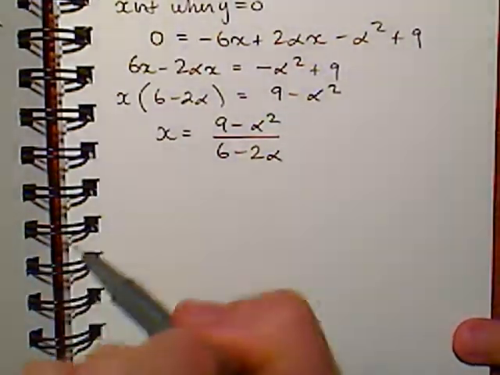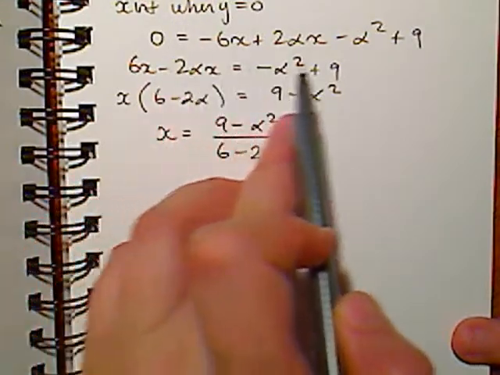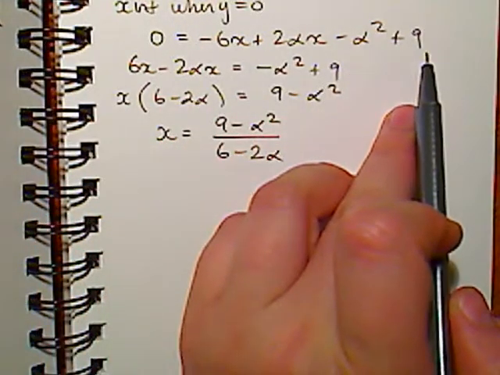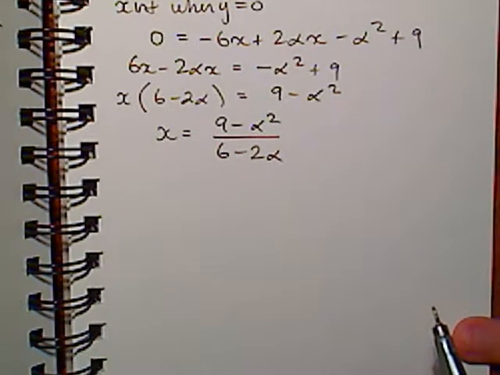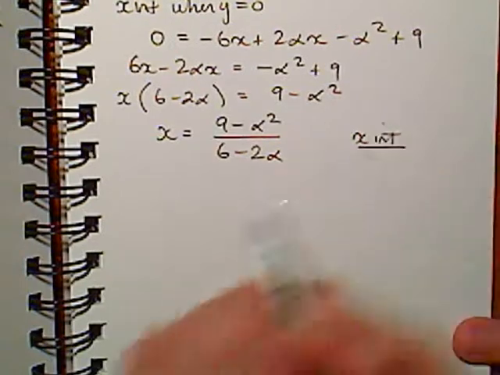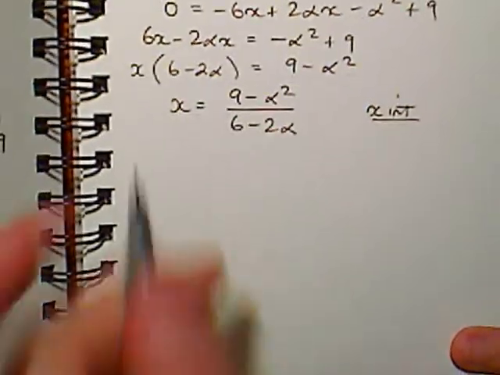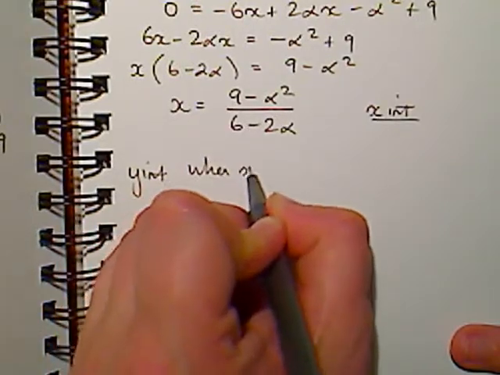Now, if you're not confident with your algebra, you could, of course, have typed this in on your CAS and then just solve for x, and it rearranges everything for you. So this is my x-intercept. Now my y-intercept, it happens when x is 0.